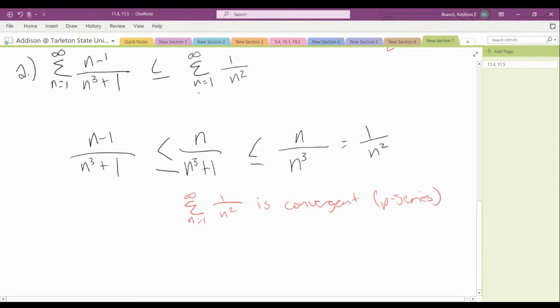So if 1 over n squared is bigger than n minus 1 over n cubed plus 1, and 1 over n squared is convergent, therefore our initial series also has to be convergent.